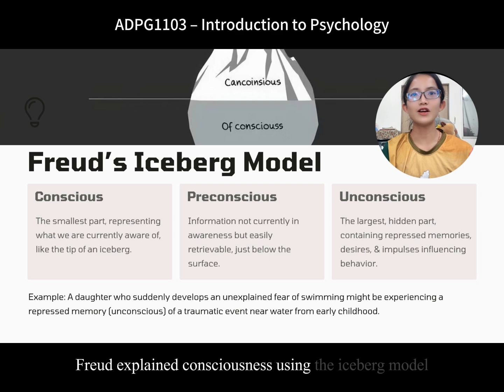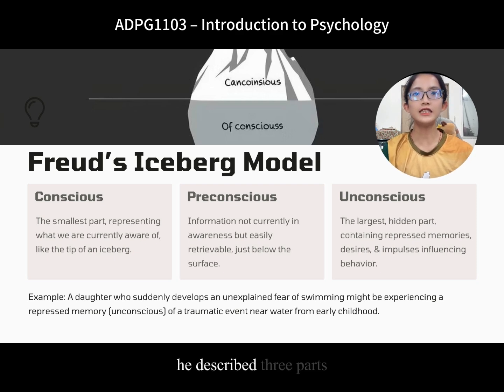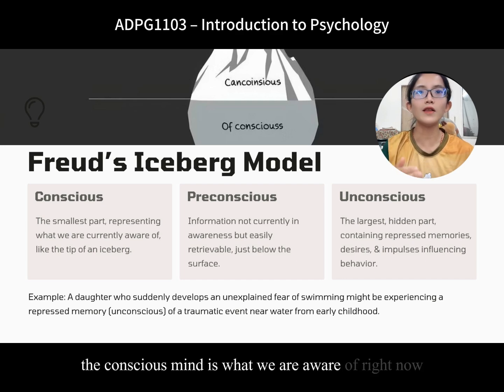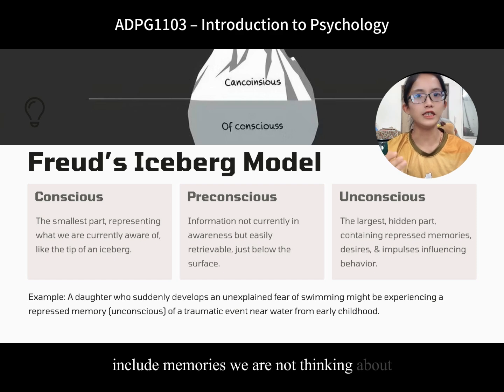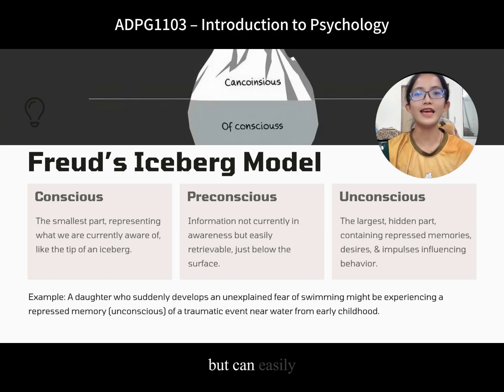Freud explained consciousness using the Iceberg model. He described three parts. The conscious mind is what we are aware of right now. The pre-conscious includes memories we are not thinking about but can easily remember, like your address or birthday.